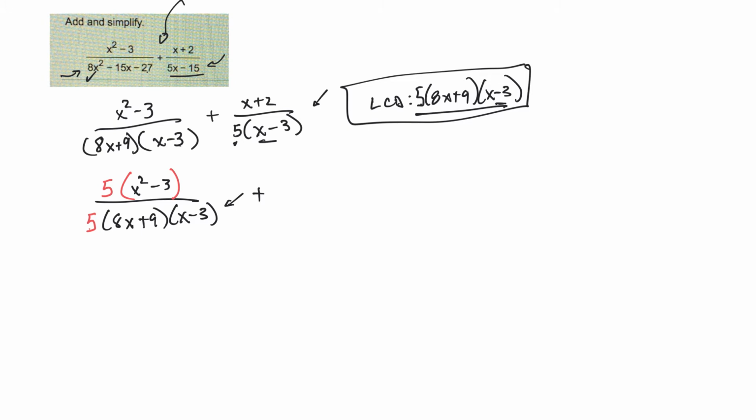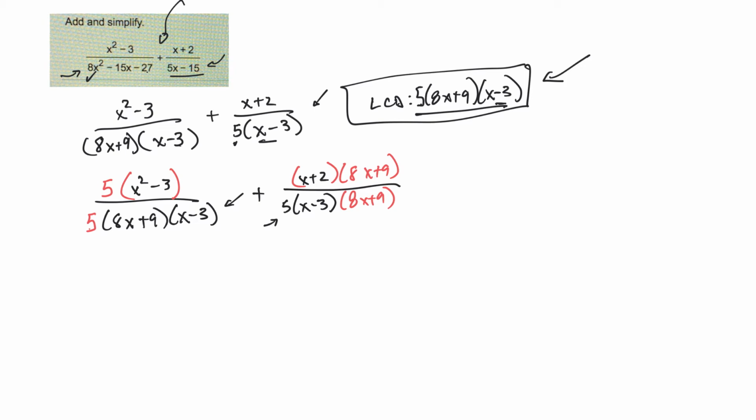Plus, this is what I have, x plus 2 over 5 times x minus 3. Now compare the lowest common denominator with what I have, and it looks like I need to multiply on the bottom by 8x plus 9. Then it has that whole denominator. If I do that on the bottom, I'm going to have to do that on the top.